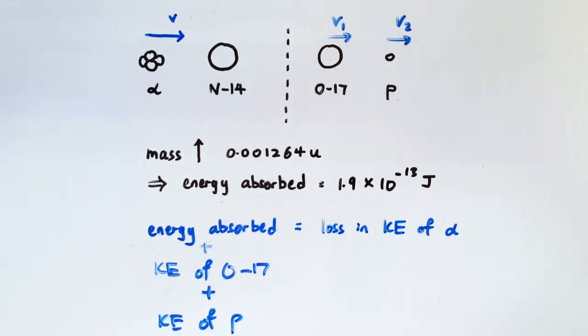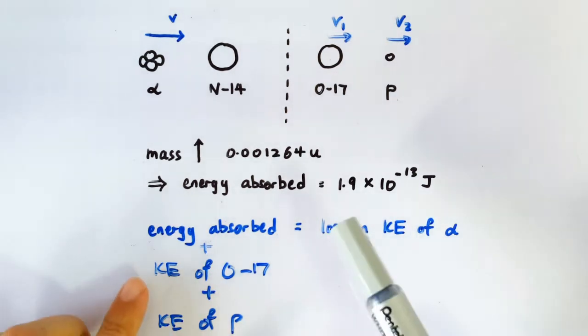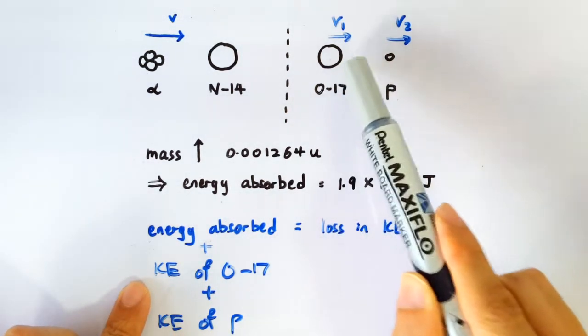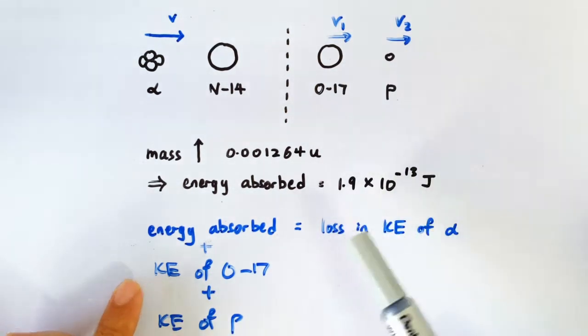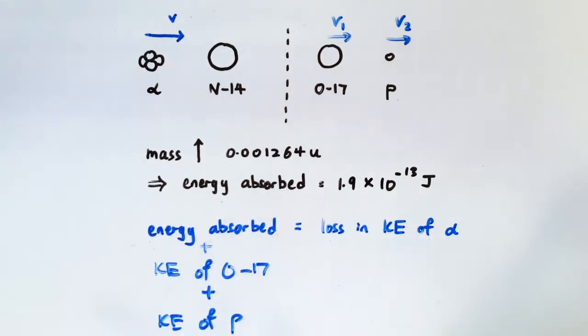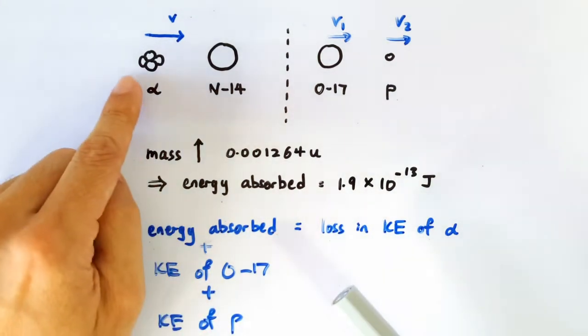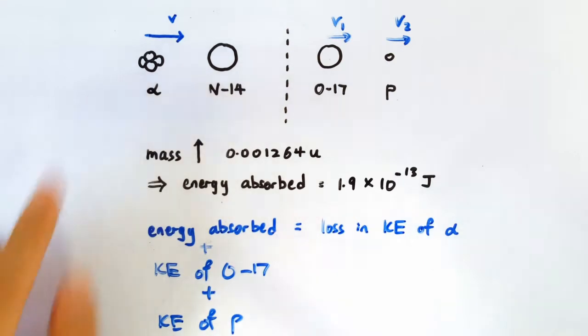So again, somebody must provide for the gain in KE of the oxygen-17 and the proton. And this energy can only come from one source, and that's the KE of the alpha particle.